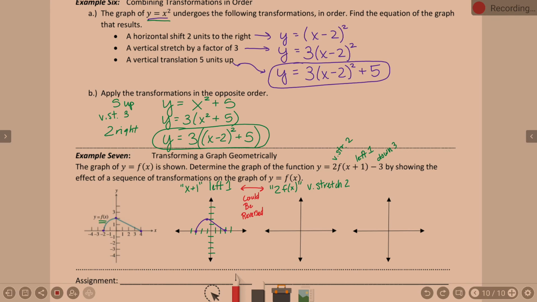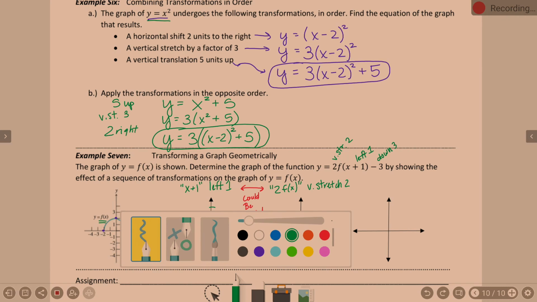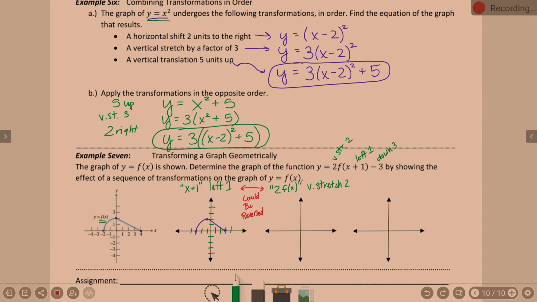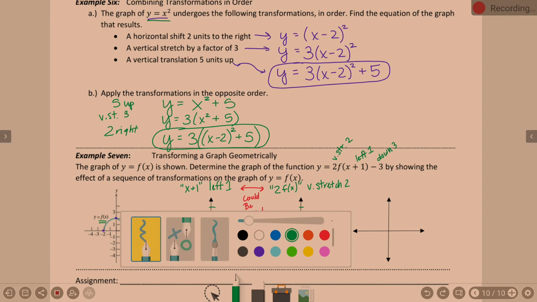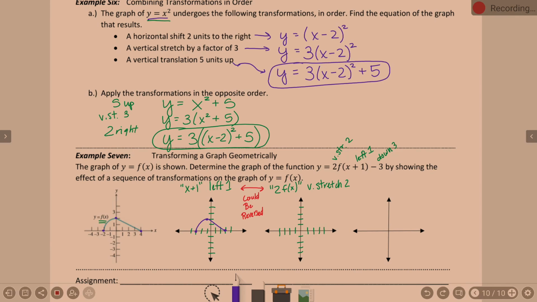I think we'll still be okay if you just do 4 tick marks. Do you remember how to do a vertical stretch? Vertical affects which values, x or y? Y. It's your y values. A vertical stretch by a factor of 2, you take every y value and multiply it by 2.